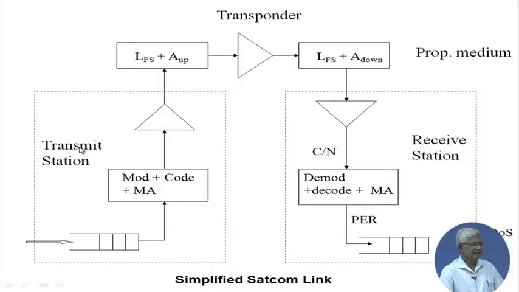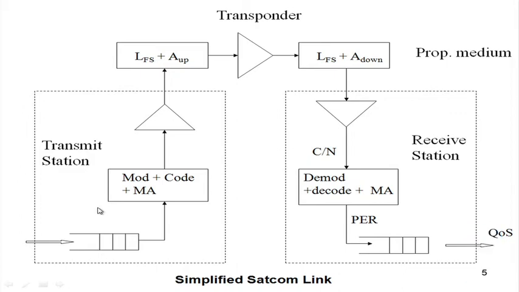Before that, let us look at the total communication link in a SATCOM in a very brief way. Let us say it is a packet communication. So packets are queued at the transmit station, and based on the multiple access requirement, the packets are multiple access modulated, and if necessary it is coded, modulated and coded.